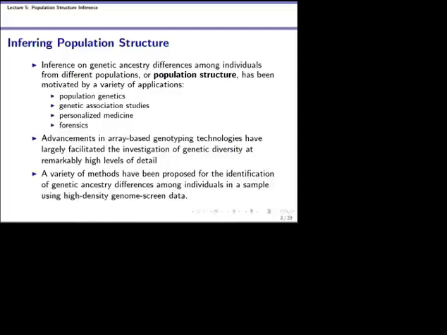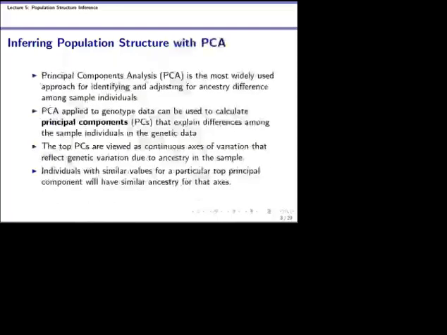Okay? And so there have been a variety of methods proposed for identifying genetic ancestry differences using high-density genome screen data. Okay, so PCA, principal components analysis, is by far the most widely used approach for identifying and adjusting for ancestry differences among sample individuals in genome-wide association studies.